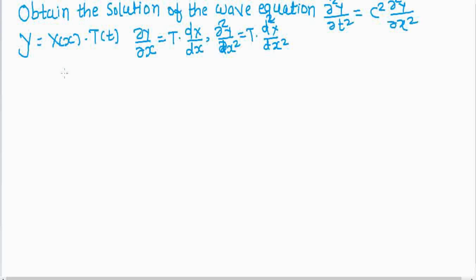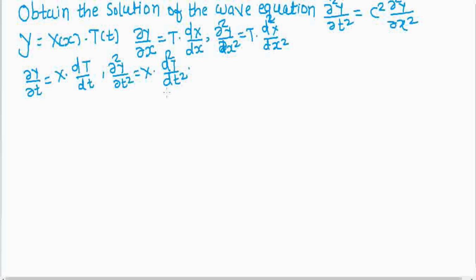Similarly, del y by del t equal to capital X, which is a constant and is in multiplication, so it remains as it is, into dT by dt, and del 2y by del t square equal to capital X into d2T by dt square.